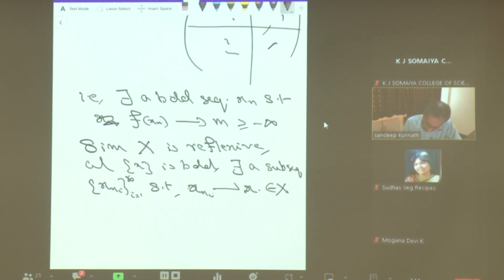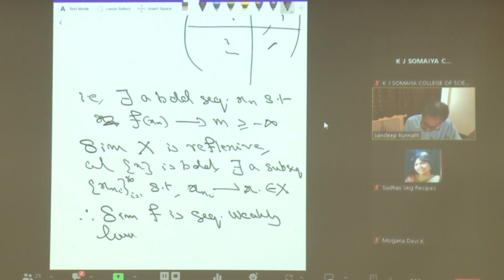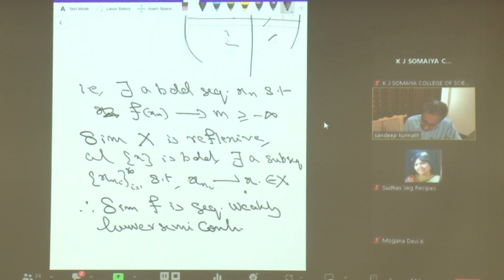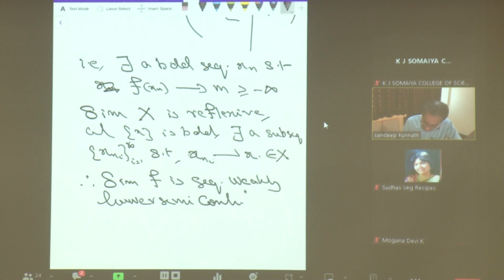Now, since f is sequentially weakly lower semi-continuous and xni converges to x weakly, what we will get is f of x.